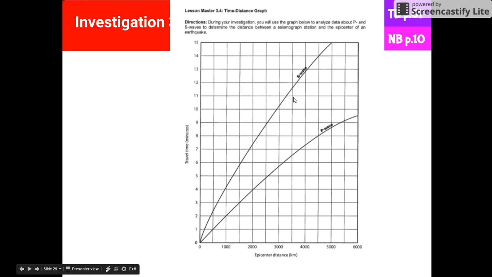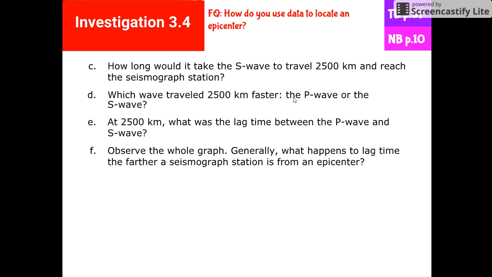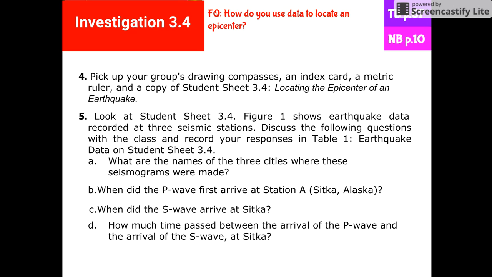You're going to be using that lag time to calculate the distance away from the epicenter. So you're going to look at your data and think about how long it would take the S wave to travel a certain distance, 2,500 kilometers. You're going to look at the whole graph and think about lag time and write that down in your notebook.